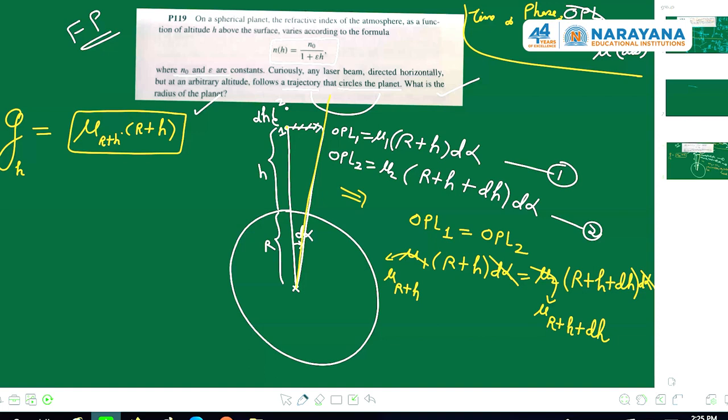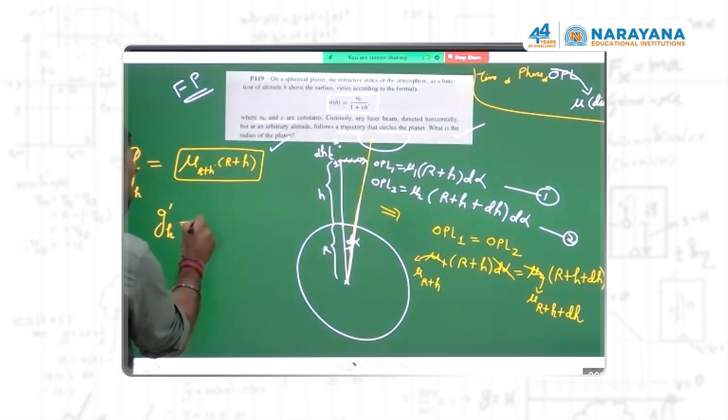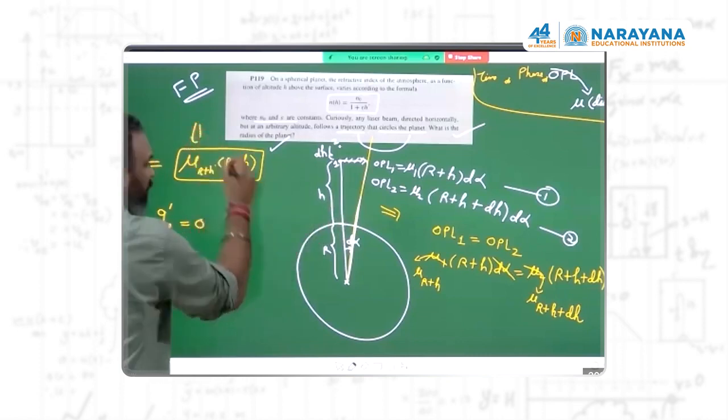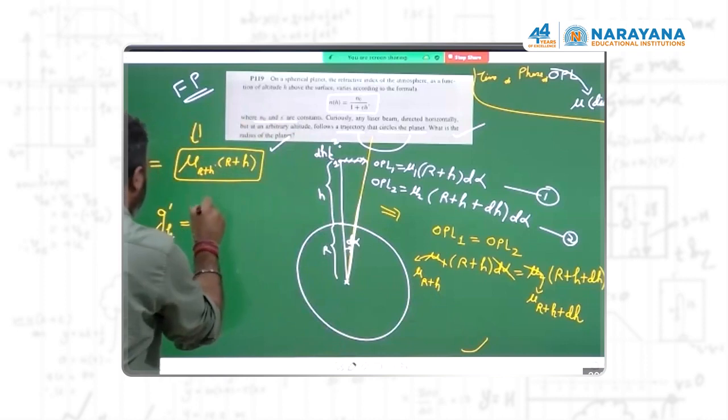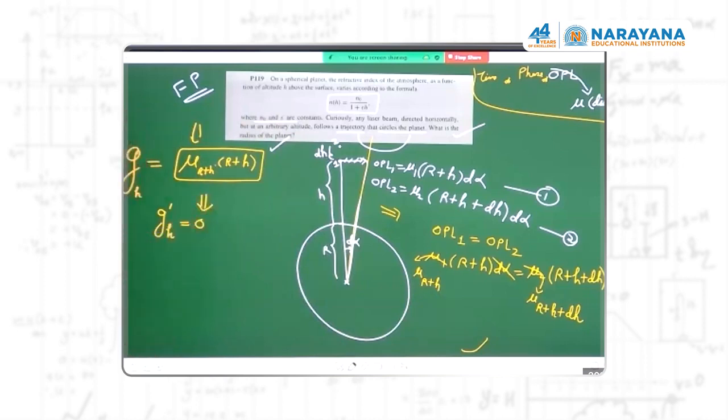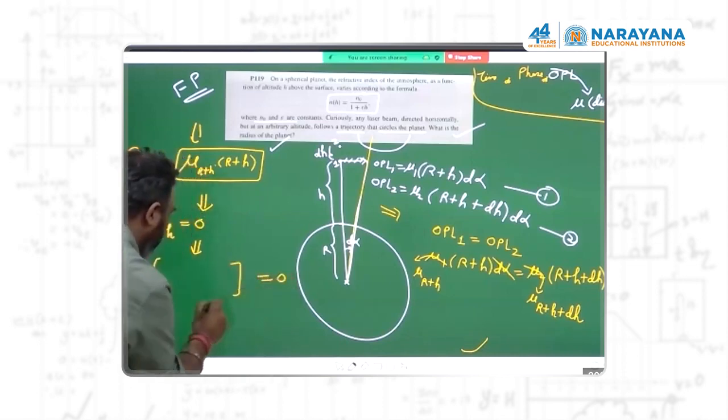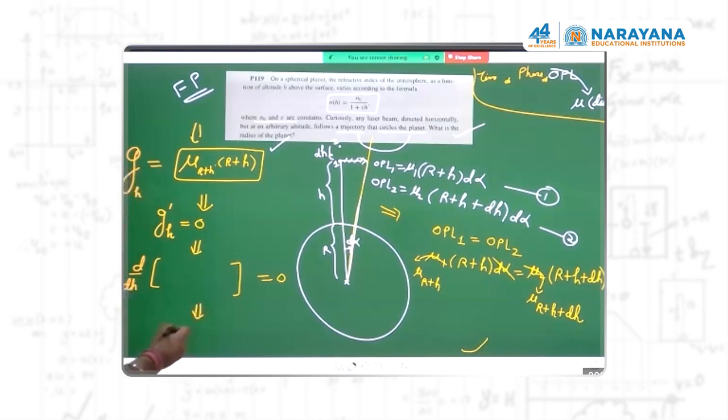If they are equal, we are saying that g prime h should be equal to 0. Now it should be straightforward, because d by dh of this function g should be made equal to 0, and from this we are searching for a value of r.